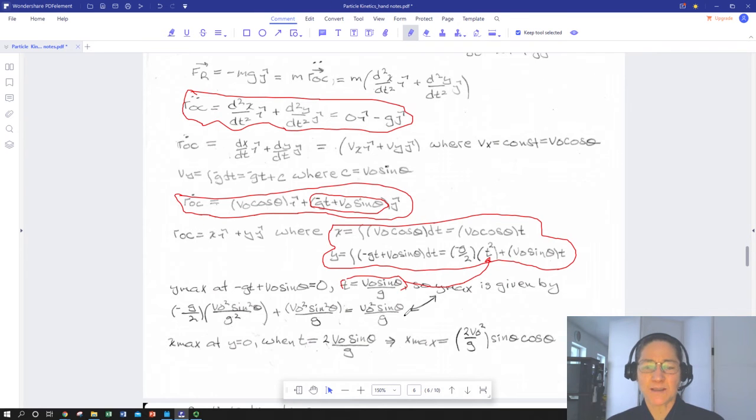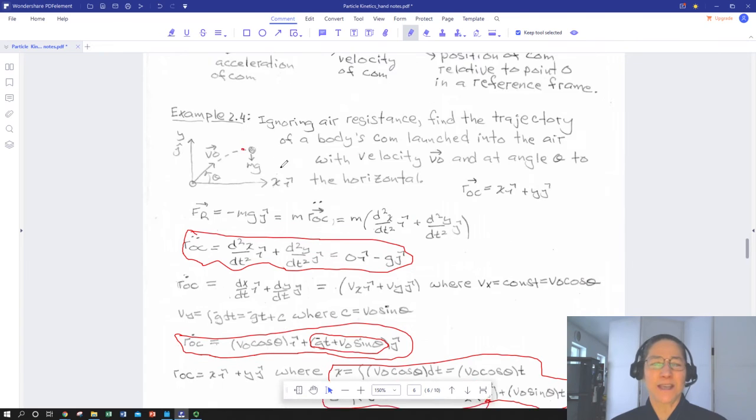Our expression for maximum height ends up being this, initial velocity squared sine theta over g, and again we got that just by plugging the time of max height into our expression for height position. And then we can find the corresponding x by plugging the same time of max height into the x expression and find the x position when the y position was at max height.